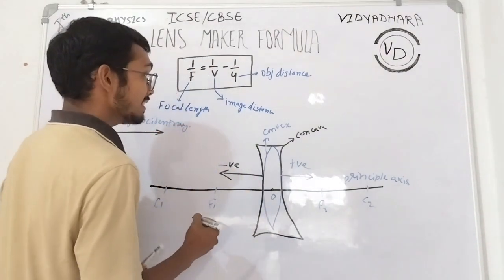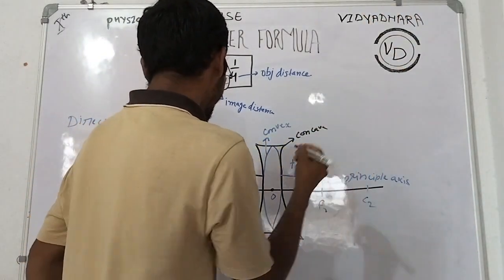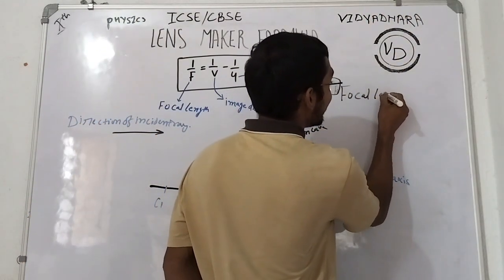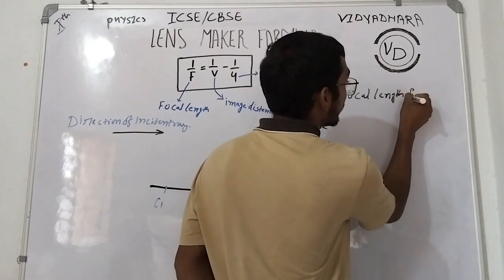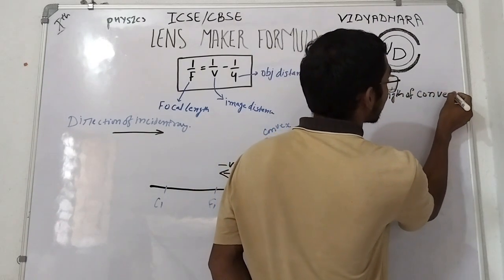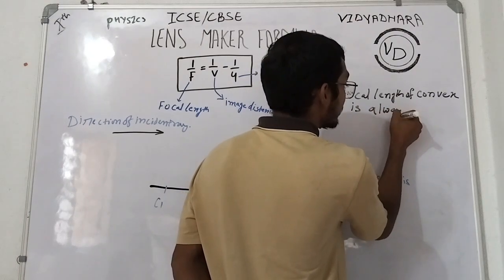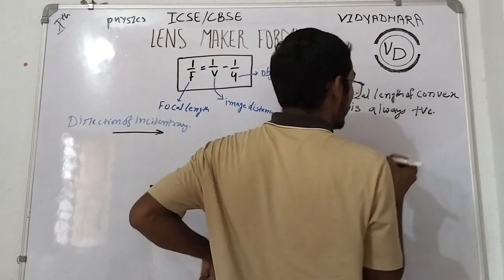But there is a fixed thing. What is that? Focal length. The focal length of a convex lens is always taken as positive.